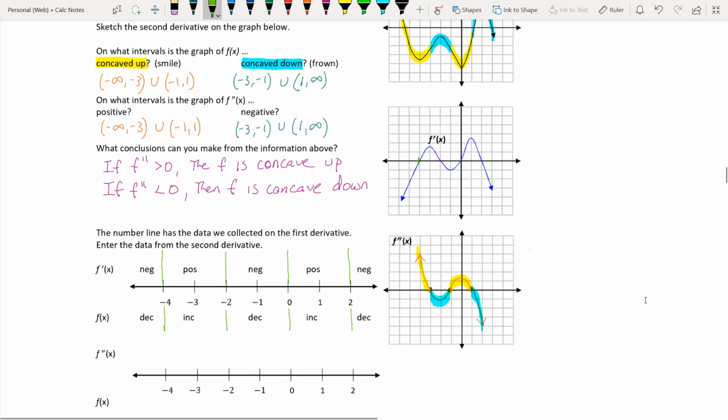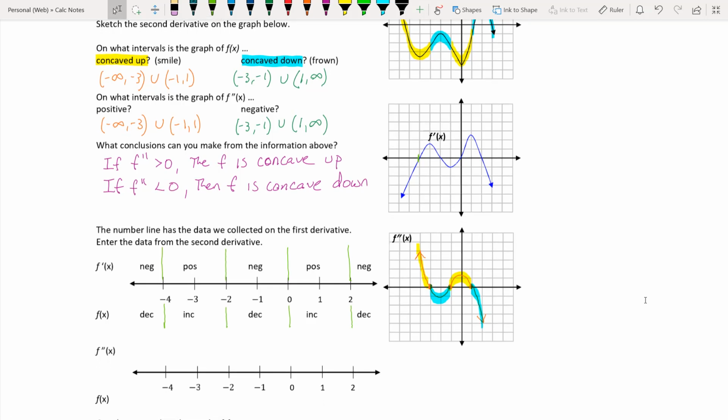What they want us to do here is fill in the information for f double prime of x. So when I look at f double prime of x, we said that f double prime was positive from negative infinity all the way up to negative 3 here. So I'm going to use a different color here. We'll go purple.